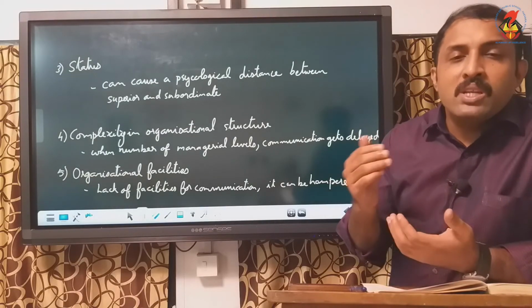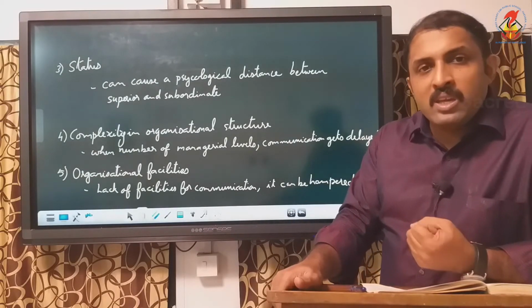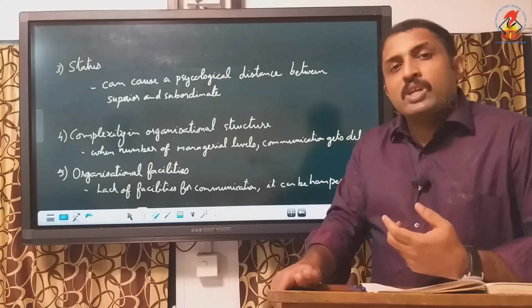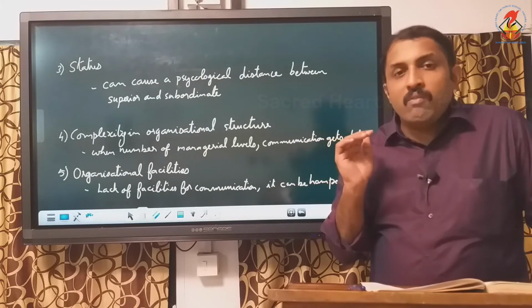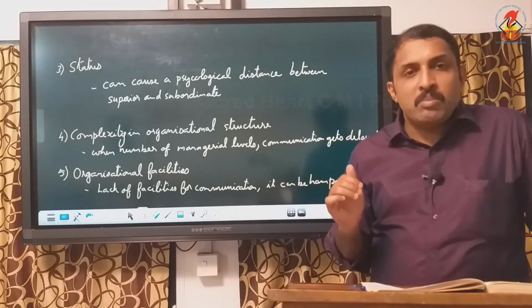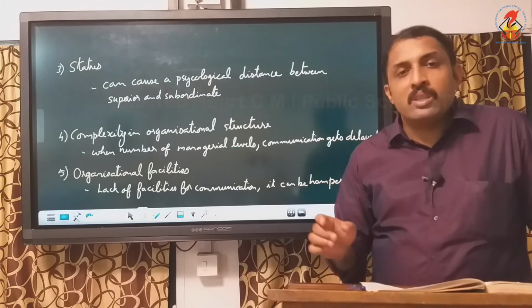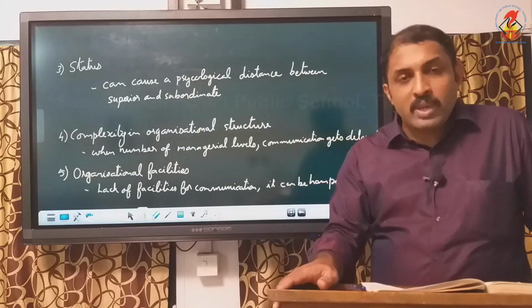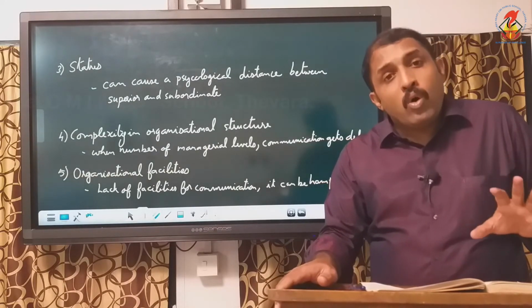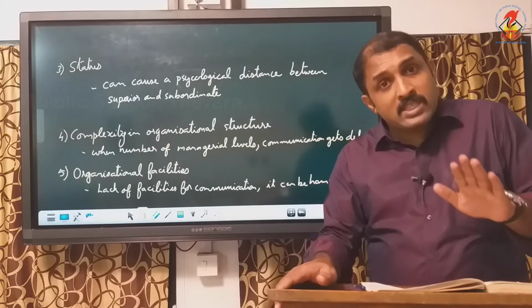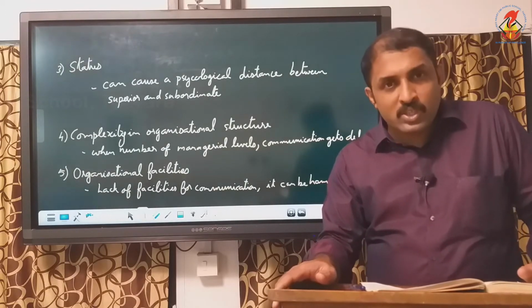So what facilities organizations are providing to make sure communication happens is another area where communication can be hindered, and that is also another organizational barrier. So we have seen 5 organization related barriers of communication.